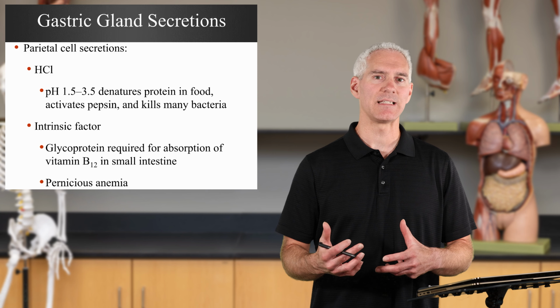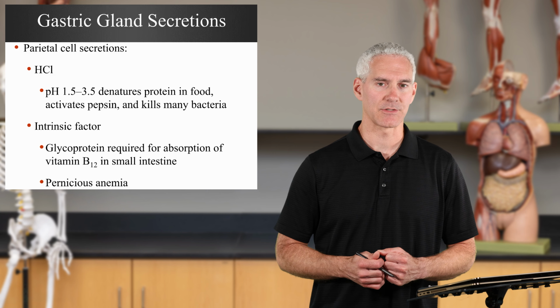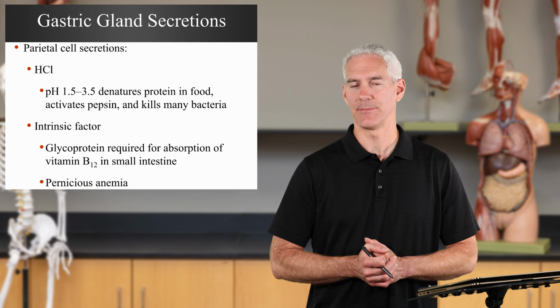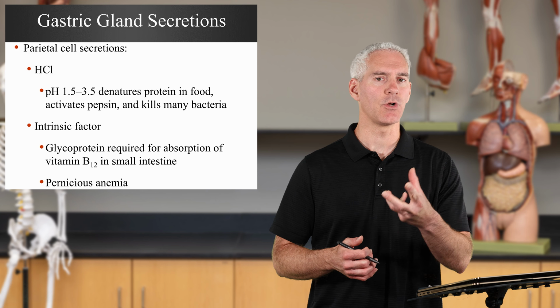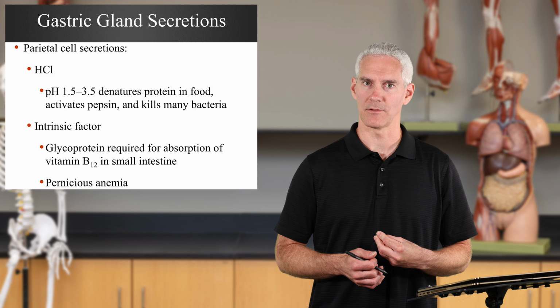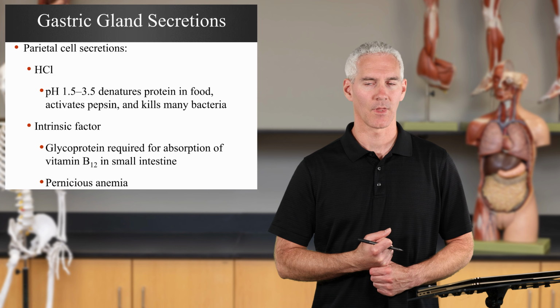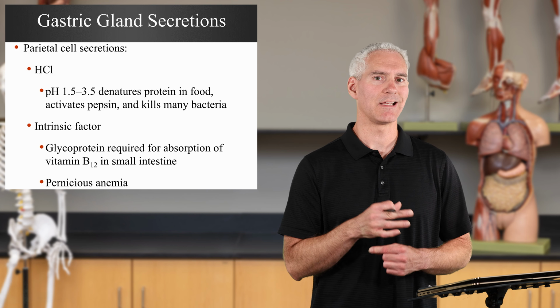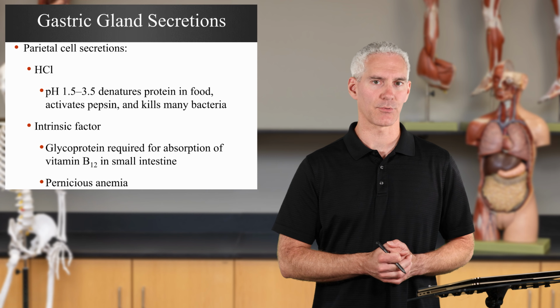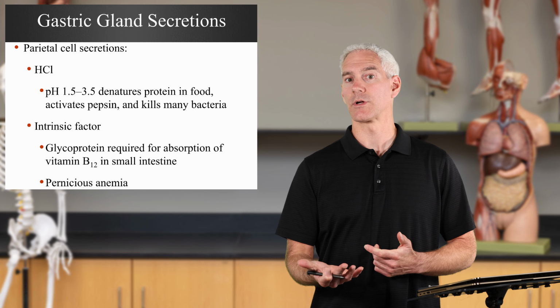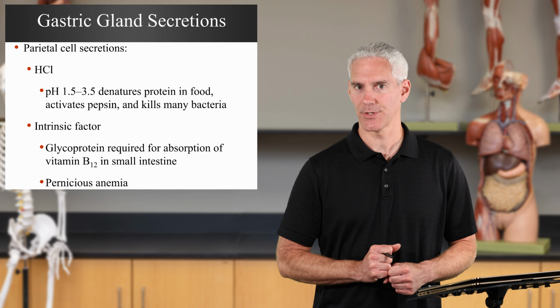That's where if there isn't enough intrinsic factor, or any intrinsic factor for that matter, you don't absorb enough vitamin B12, and it causes problems with red blood cell production. So intrinsic factor is important also coming from these parietal cells. So hydrochloric acid and intrinsic factor.